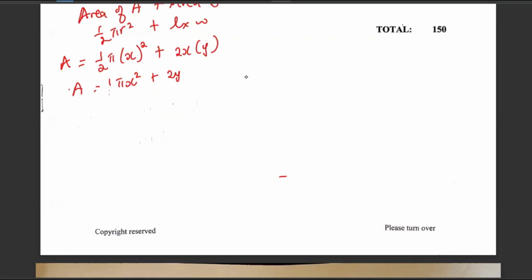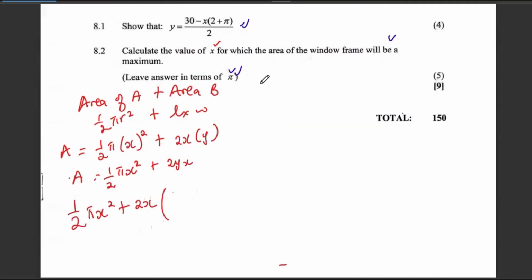So we said this is a half pi x squared plus, remember this was 2x, we said our y was 30 minus, I'll open it up, 2x minus pi x. Everything is over 2. Let these 2 cancel that 2.